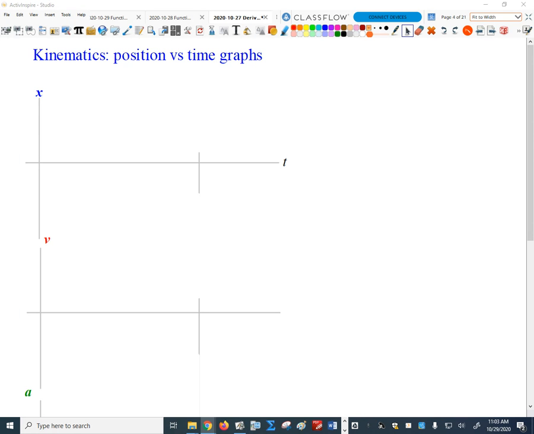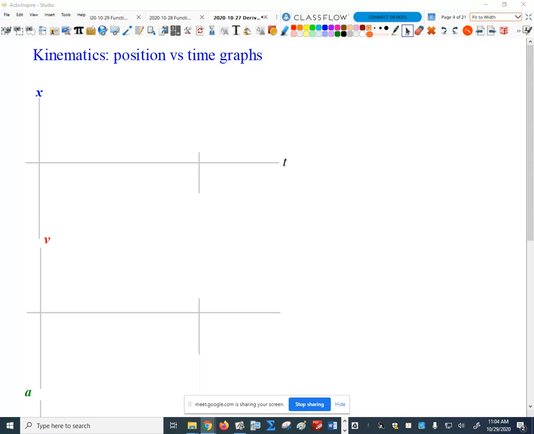Okay, let's go up to the board and let's try to describe that. What's that going to look like?